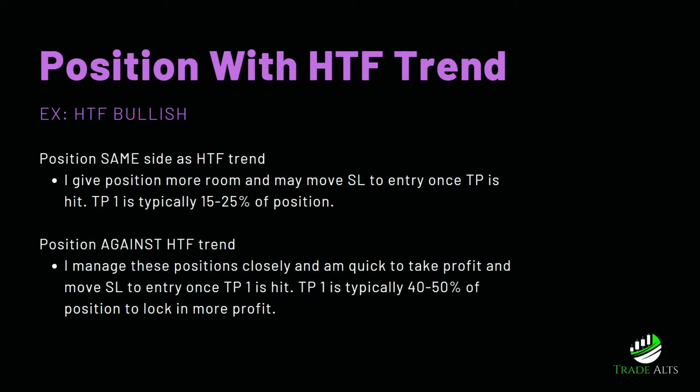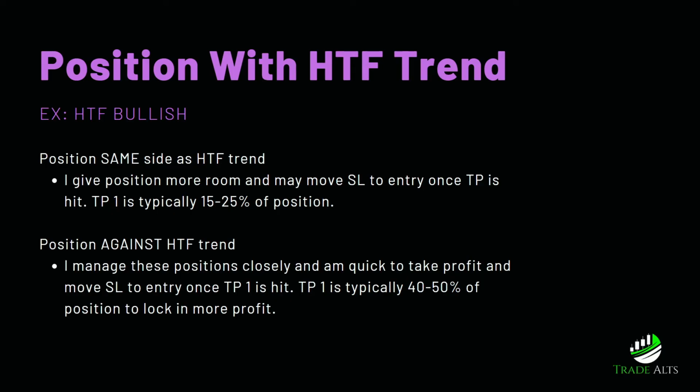And then the second thing is, if price comes up to your take profit one, and you lock in some profit there, and then you don't move your invalidation up to your entry, price goes against you and hits your invalidation. Depending on your trade setup, you could lose money, you could break even, or you could make a little bit. It all depends on your trade setup.